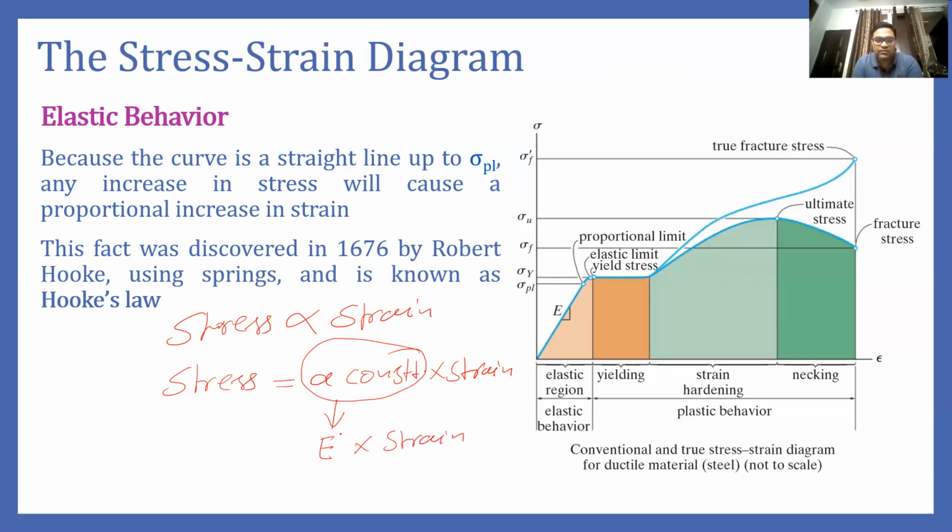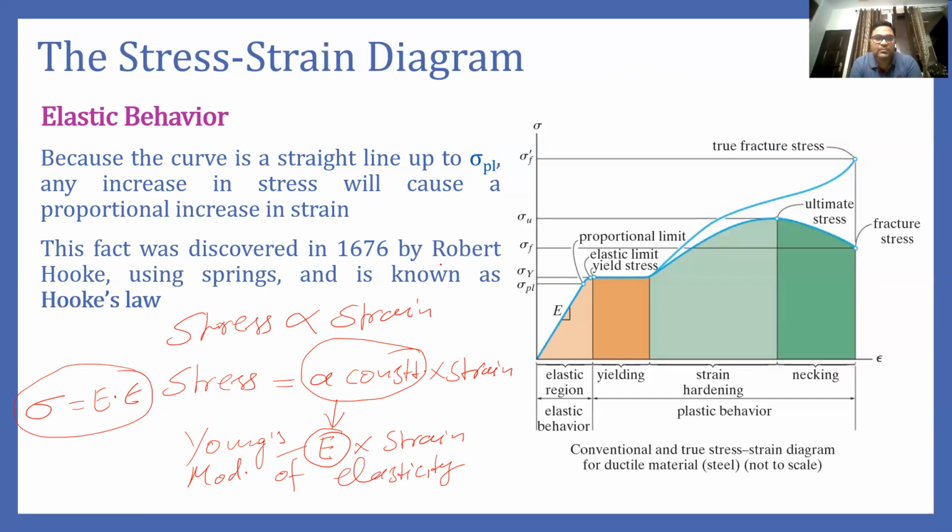Here, this E is known as Young's modulus of elasticity. So we can write that the stress, say sigma, will be equal to E into epsilon. That becomes the relation given by Robert Hooke.